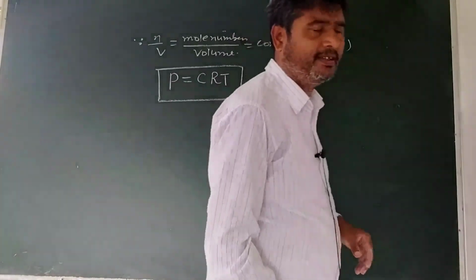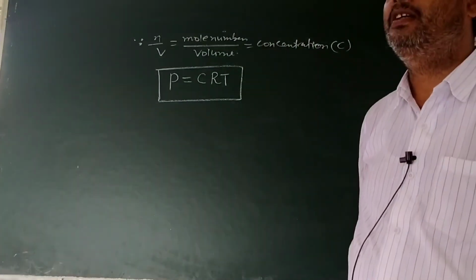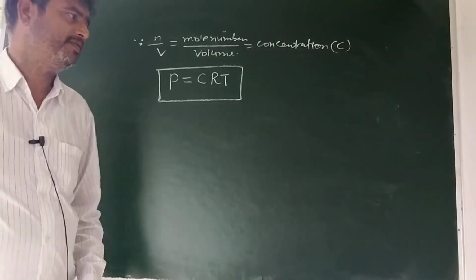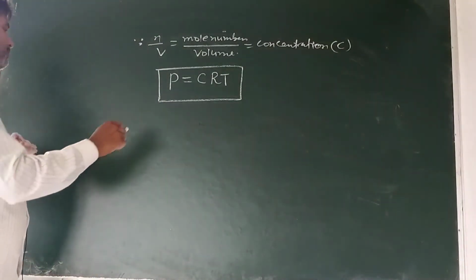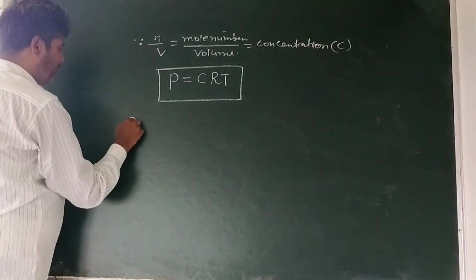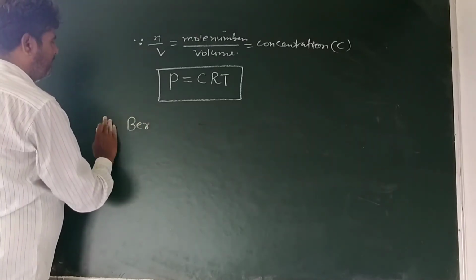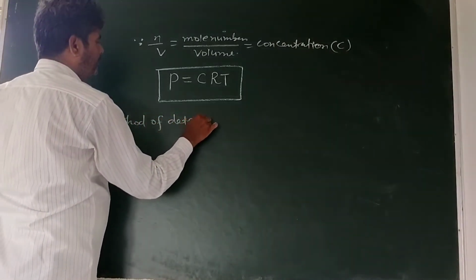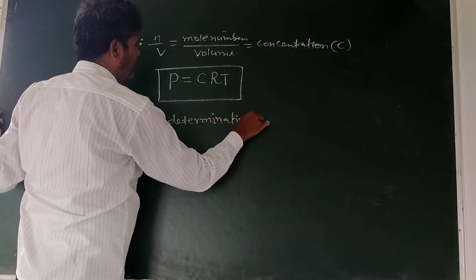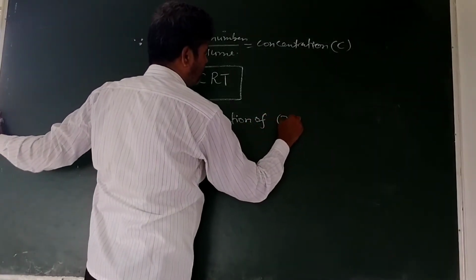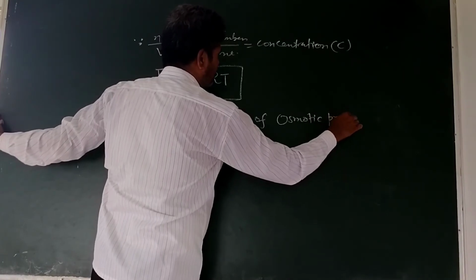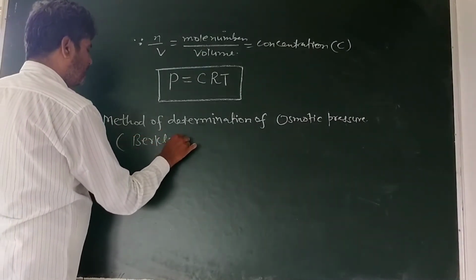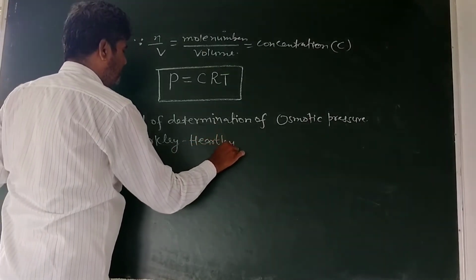And now the method for determination of osmotic pressure, that is the Berkeley-Hartley process.